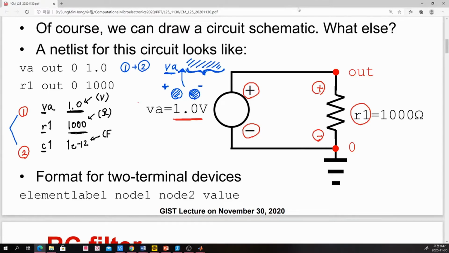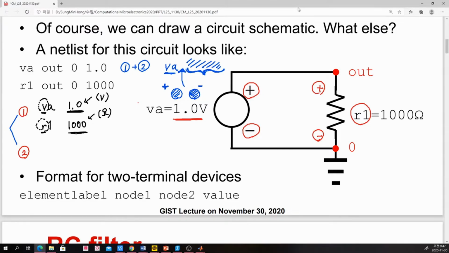So we can easily simplify our description of our system or circuit element by introducing reserved alphabet characters for them, and that is quite intuitive. So VA, this is the voltage source, and R1, this is a resistor.